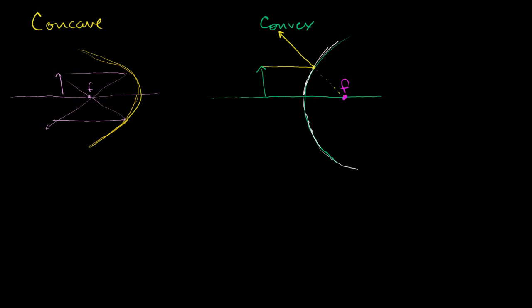And then if we have another ray from the head of this object, from the tip of that arrow, and that ray is going in the direction of the focus, let me draw the direction. So let's say I have an incident ray going in the direction of the focus. When that gets reflected, it will reflect parallel to the principal axis.